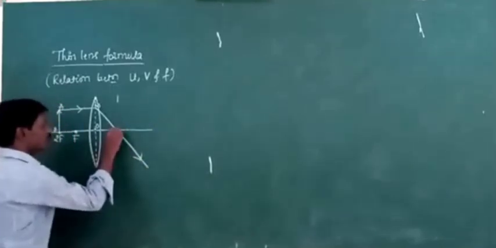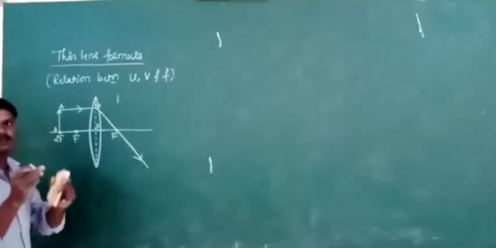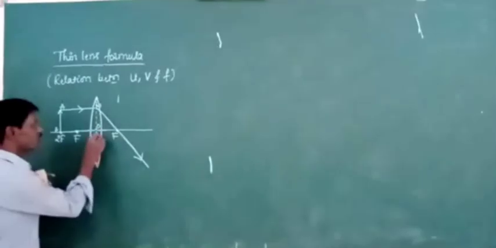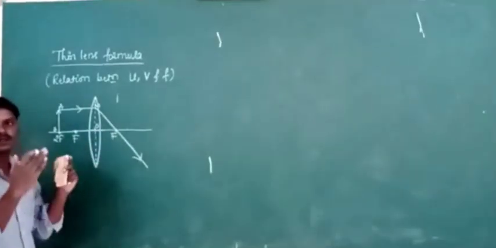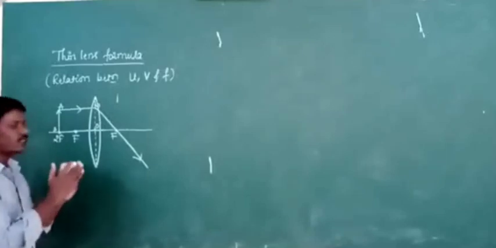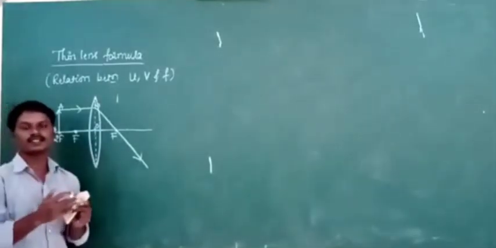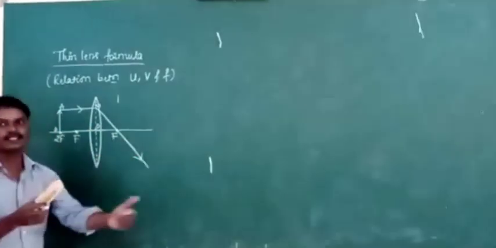It is the second principal focus. Then one more incident ray passing through the optical center passes without any deviation, because here the extended incident ray and emergent ray both overlap, which means the ray passes without any deviation.